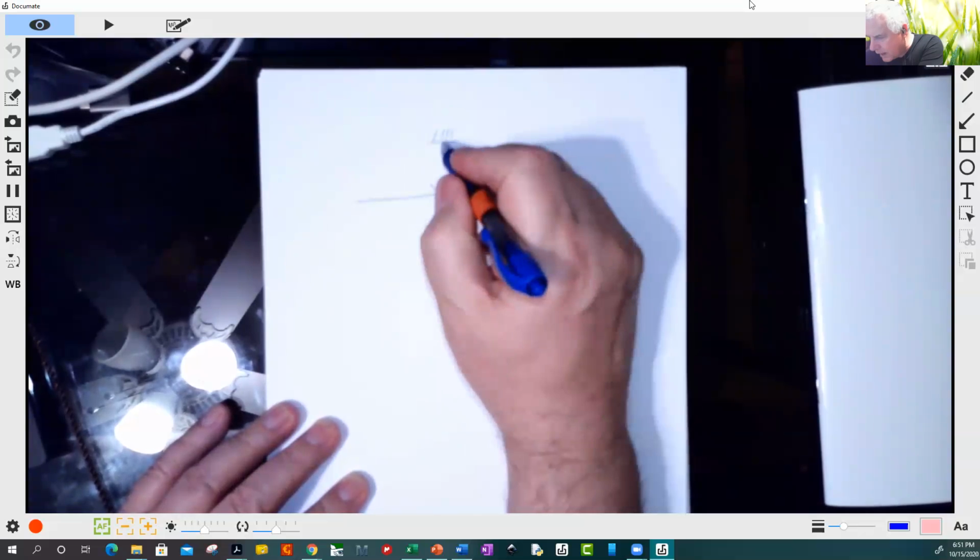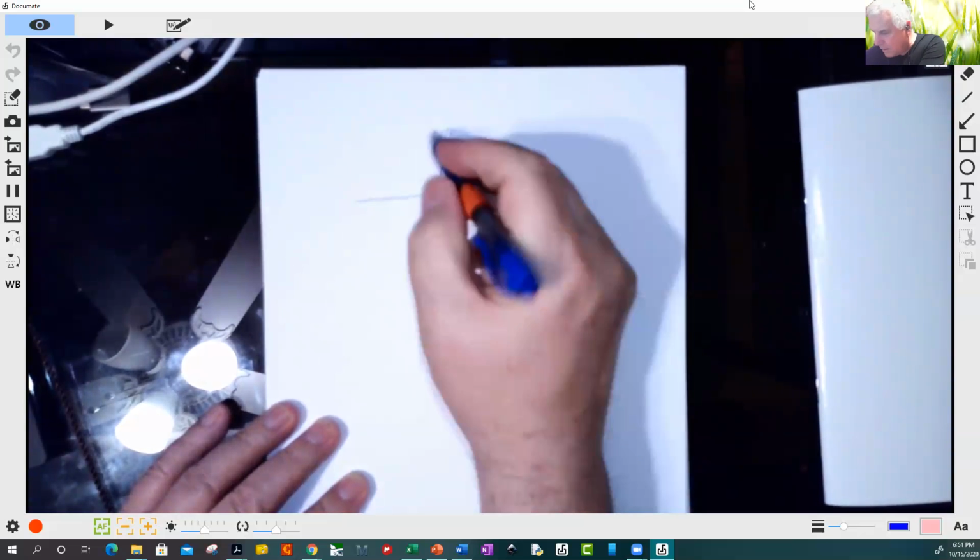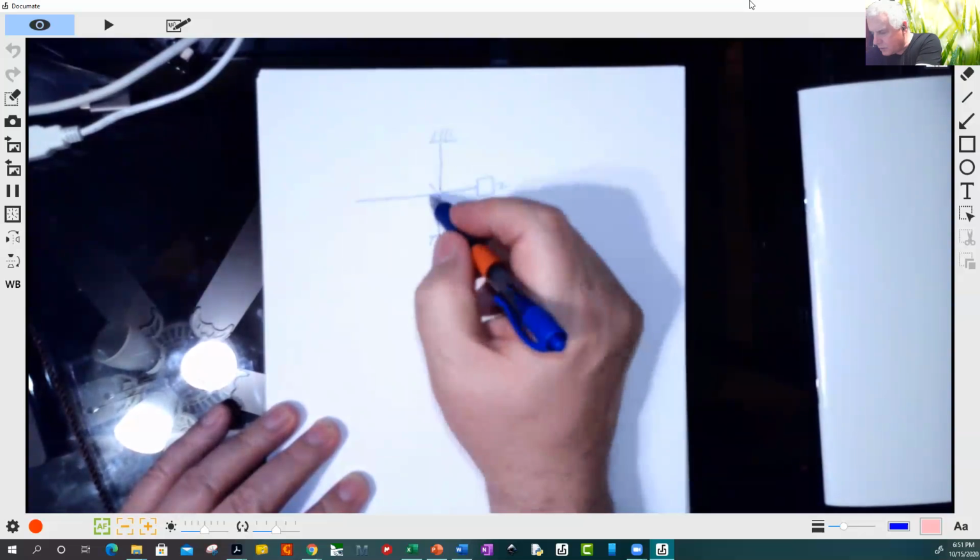Let's just say maybe this mirror can move.